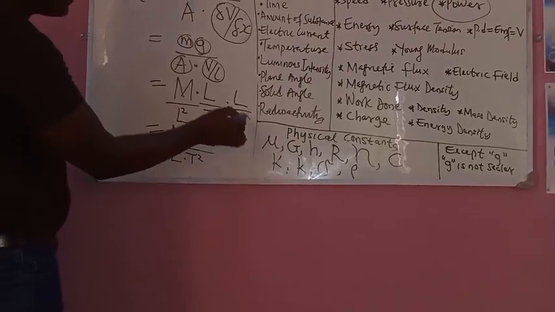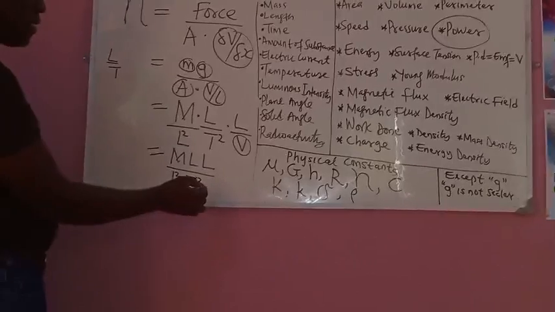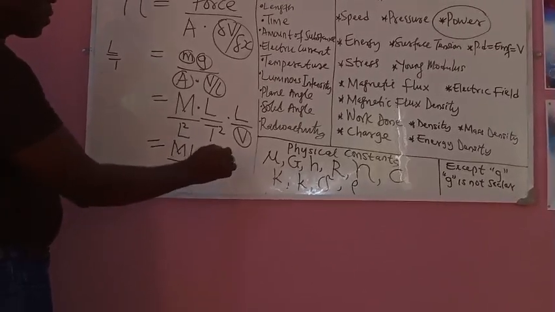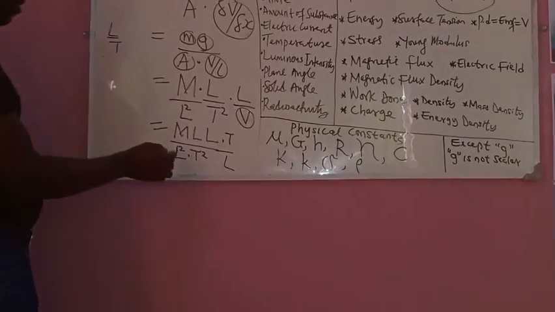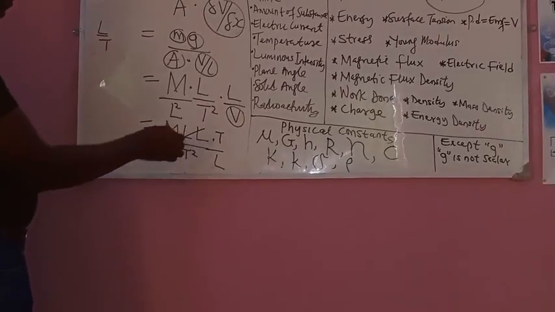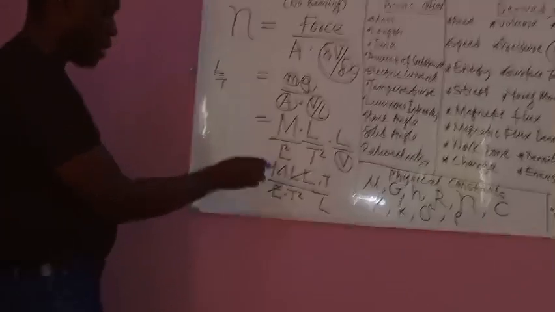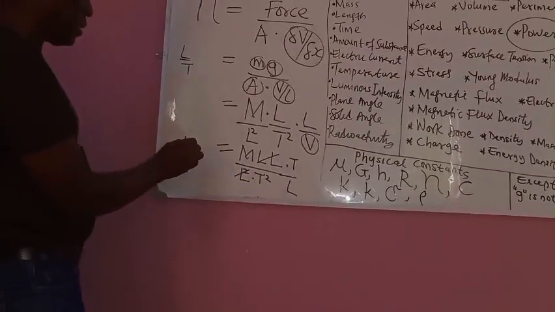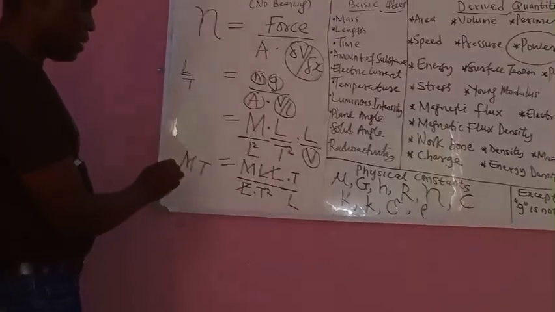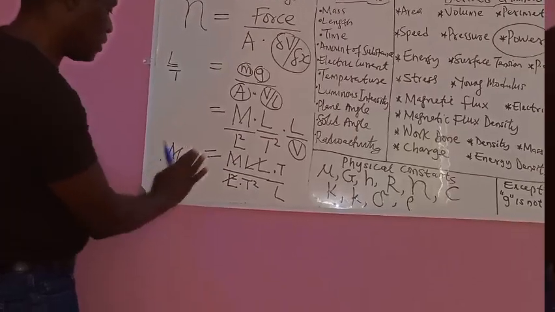Now this one, velocity, is L over T. If you put L over T here, that T will go up, the L will come down. Take note of that. Now, L squared here, L squared here. Did you see that? So what we have left is this. We have M, we have T, divided by, okay, we have 2T here.